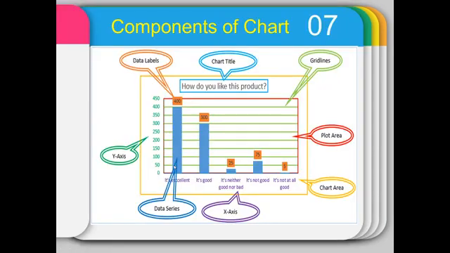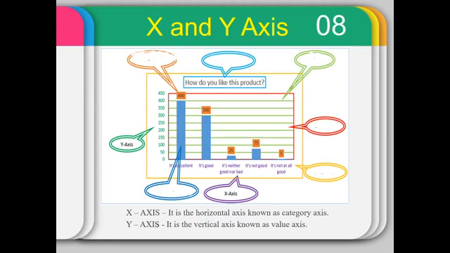Now we will study components of charts. X-axis is the horizontal axis known as category axis and Y-axis is the vertical axis known as value axis. Here this is category axis and this is value axis.